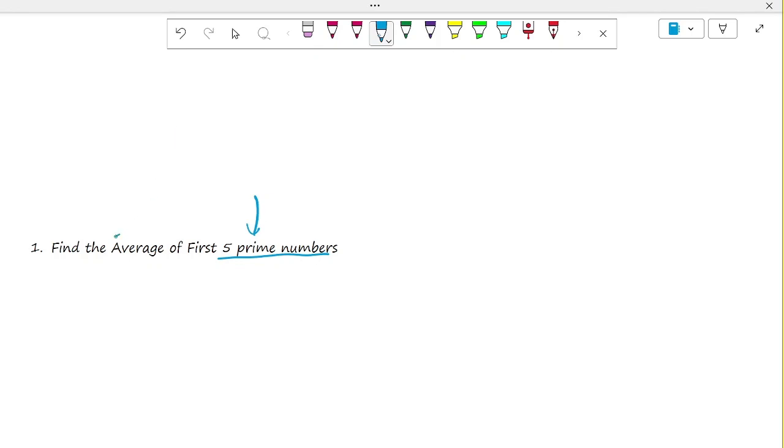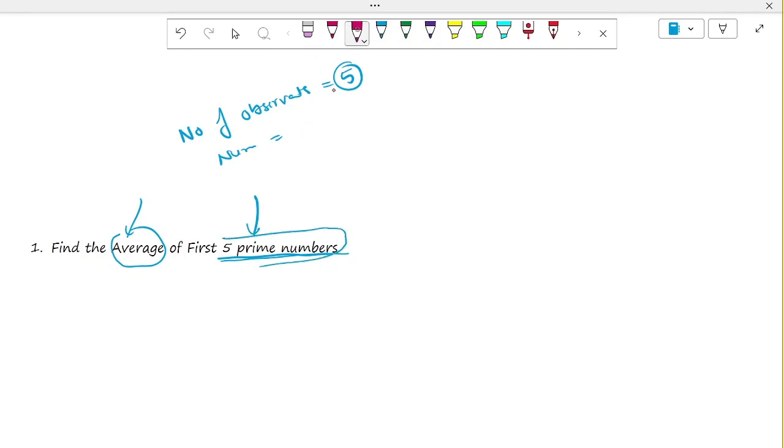What the average formula says, you need to find the average of 5 prime numbers. So it is clear that number of observations are how much? 5. And what are the numbers? What are the first prime numbers?